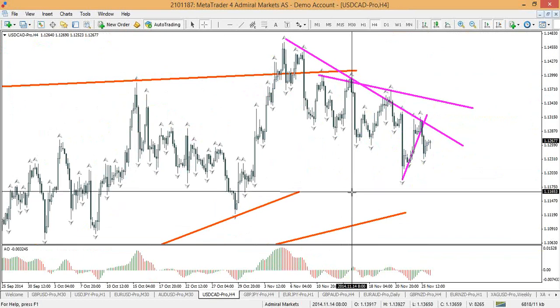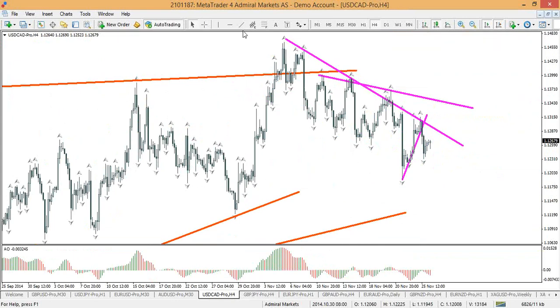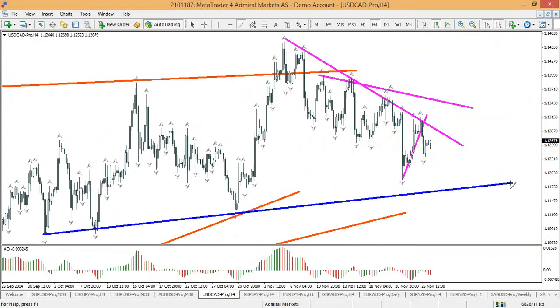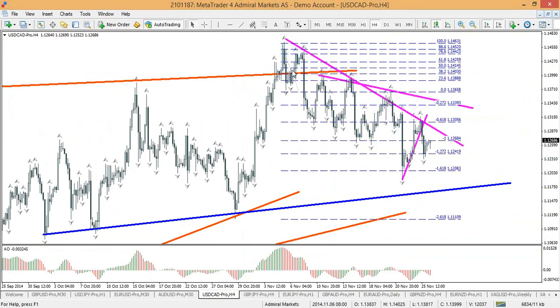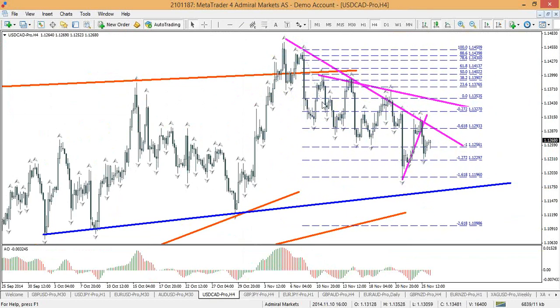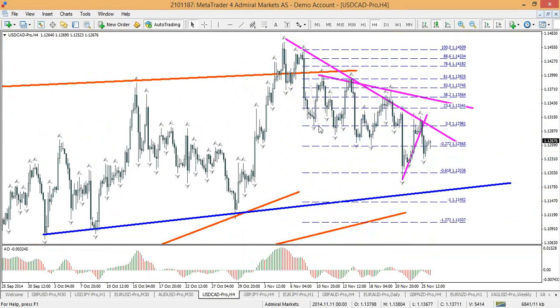1.1166. Let's take a look at that. Well, it definitely is at support. That's good. Let's take a look at the fibs. Just bounced off the minus 272 here.